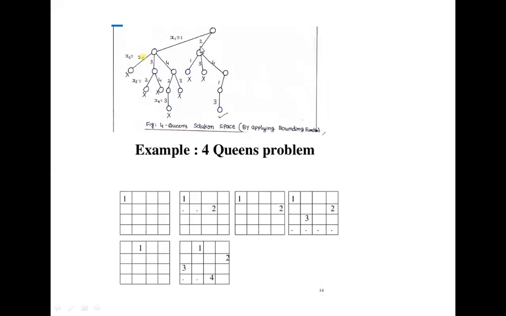Then the second queen we place in the fourth column. Then queen 3 in the first column, and queen 4 in the third column.